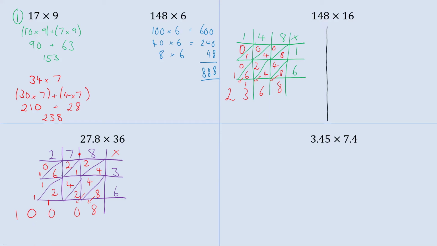Now here we've got the decimal point to worry about. For my decimal point, what I need to look at is where the decimal points would match up if we were to make them meet. Now 36 does not have a decimal point at all, so all that decimal point does is drop down just in there.